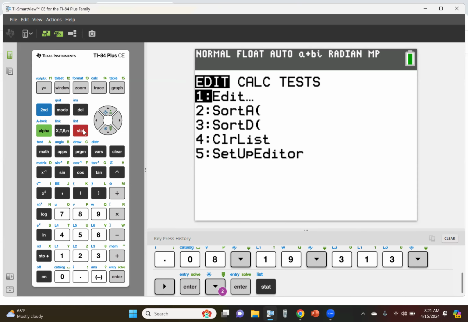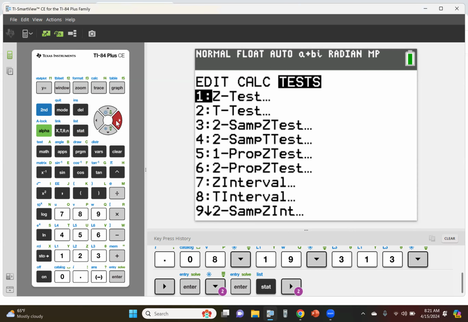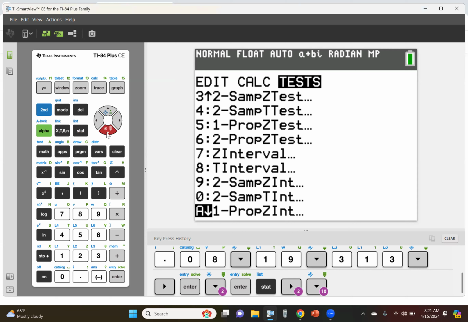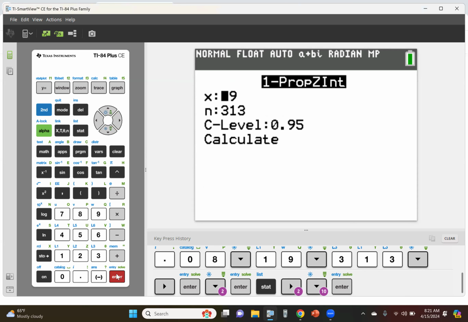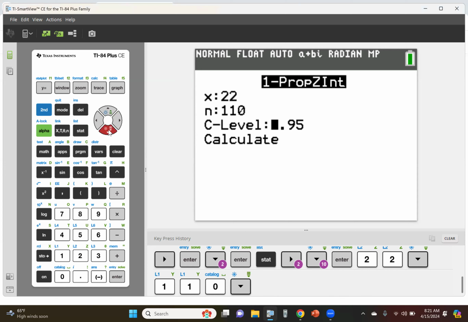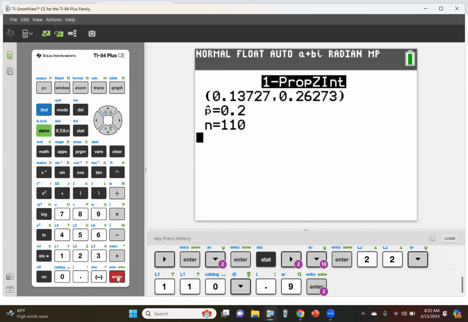Okay, so go to stat, test, and we need a 1 proportion z interval. That's going to give me a confidence interval for a population proportion. We had 22 out of 110 with a confidence level of 0.9. So the lower limit of our confidence interval is 0.13727.